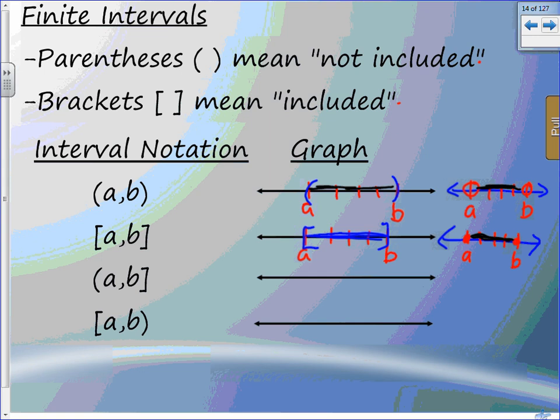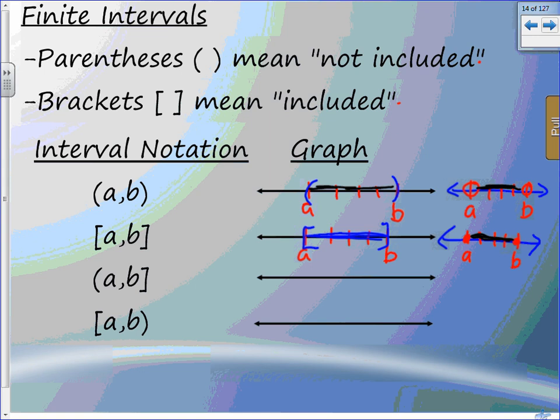So that means the values A and B are included in the interval of solutions. So the answer could be A, or anything between A and B, or B. So all of those are included. So two acceptable graphs would be ones with the brackets, or ones with the closed dots. And you should have learned about the ones with the closed dots before, but now you're learning about the brackets.